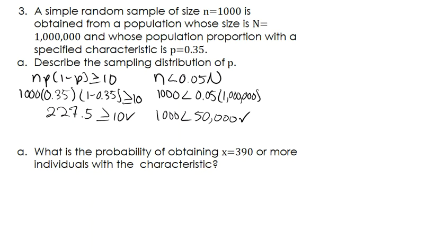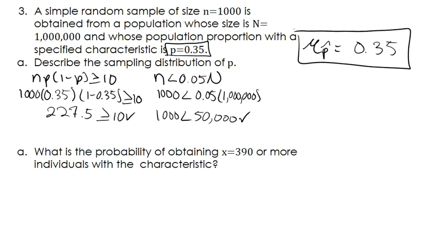Now let's identify the mean. It is going to be the same as the p that they gave us here. And now let's do the standard deviation. We are going to use the formula square root of p times 1 minus p divided by n.